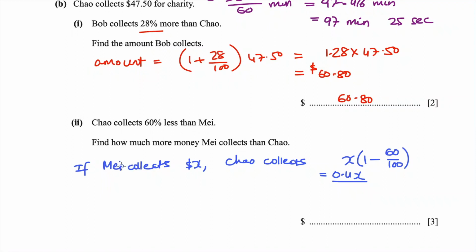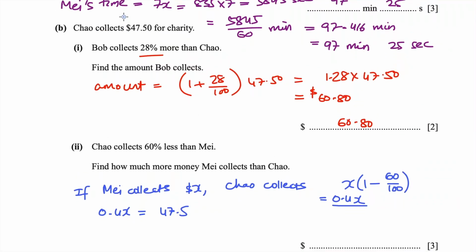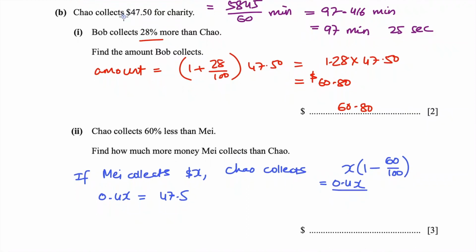So therefore, how much more money will May collect? So 0.4X is equal to $47.5, because it is given in the first case that Chow collects $47.5. So X would be equal to 47.5 divided by 0.4, which is nothing but $118.75.